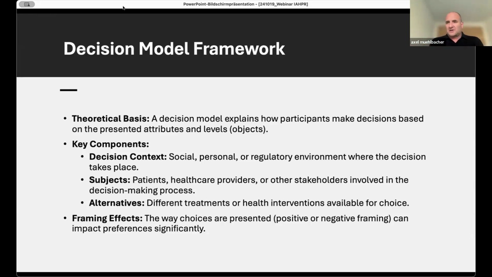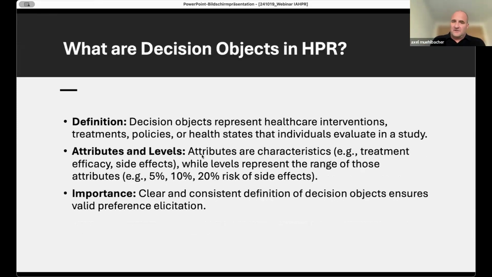What we usually try to prevent is framing effects. We don't want to trick our participants into a certain wrong decision-making process. So we want to avoid positive or negative framing of these objects.